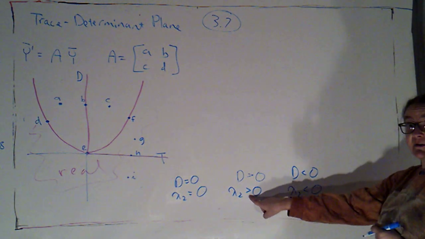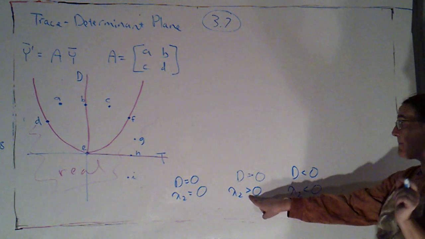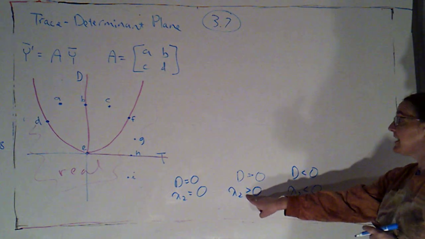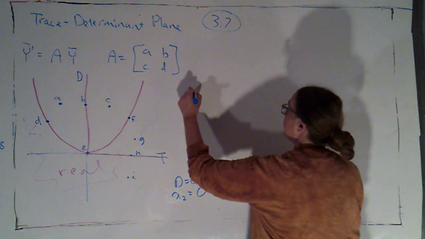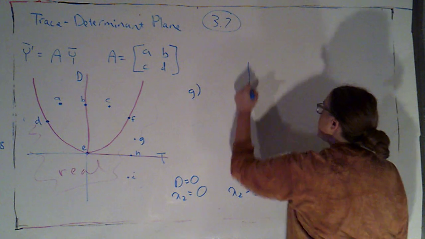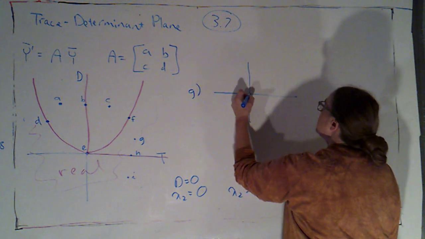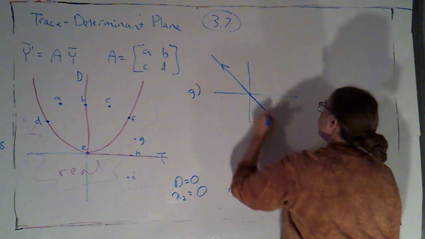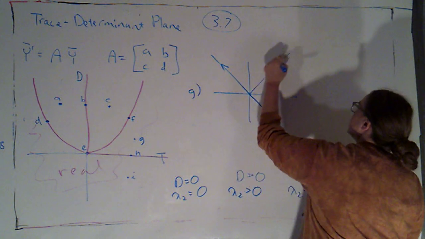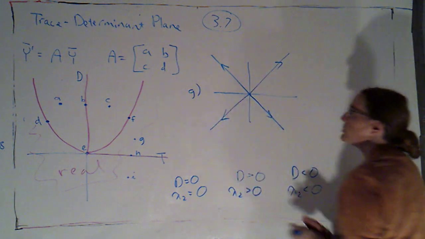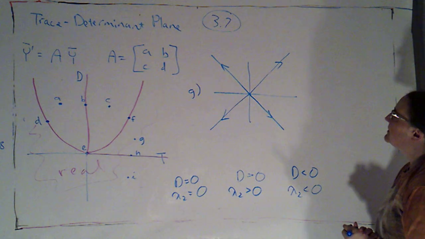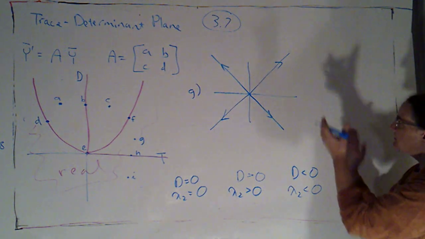Remember that lambda 1 was a positive eigenvalue. Now we've got another positive eigenvalue. So at G, I would have 2 positive eigenvalues. So I would have 2 straight line solutions that were distinct.